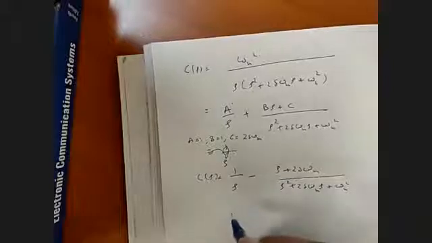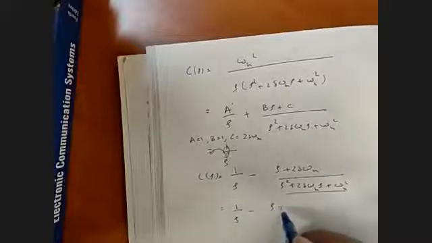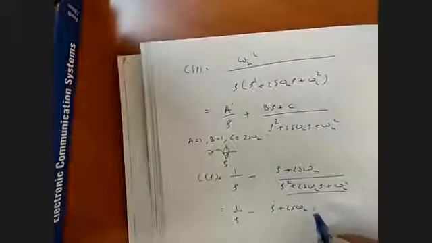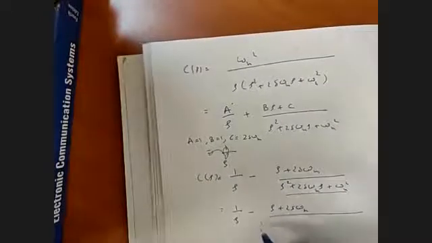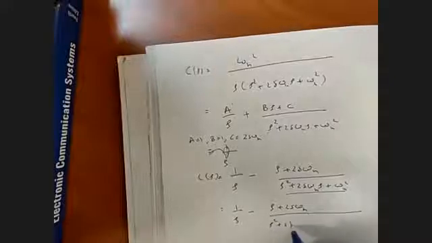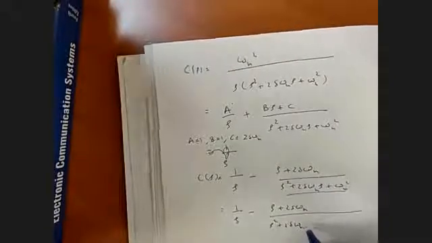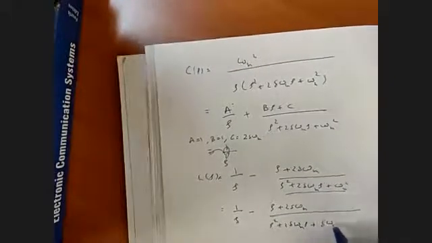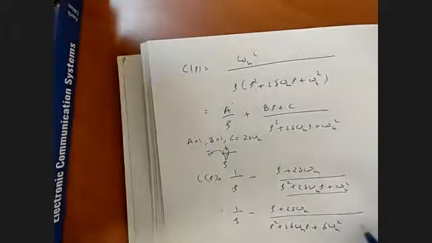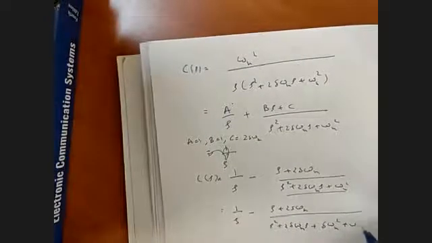So we can put this and divide this: 1 upon s minus (s plus 2 delta omega n) divided by s square plus 2 delta omega n s plus delta square omega n square plus omega n square minus delta square omega n square.